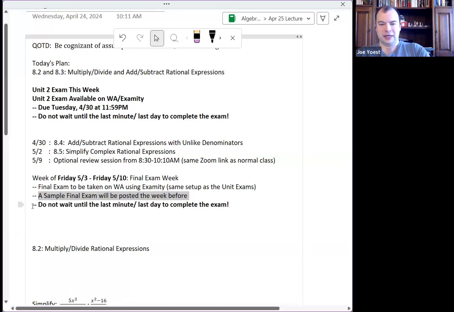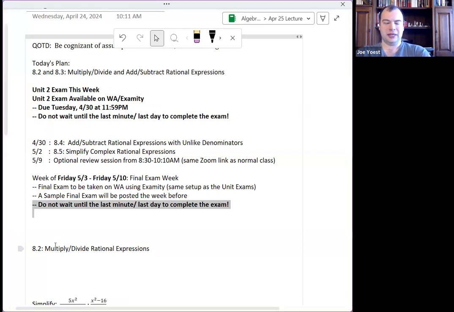And same caveat as I just mentioned, don't wait until the last day or so to complete the exam, or even really the last couple of days. I'd recommend planning to take the exam at the latest Wednesday the 8th. That way, if anything pops up, you have some buffer, so that if, say, a technological problem pops up, you can find an alternative.